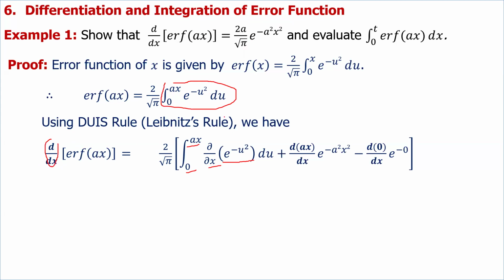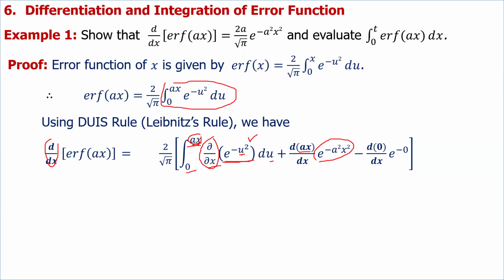Since e to the power minus u square is not a function of x, we use the partial derivative with respect to u, plus the derivative of the upper limit with respect to x. The upper limit is ax, and the value of the function at u equal to upper limit, that is u equal to ax.